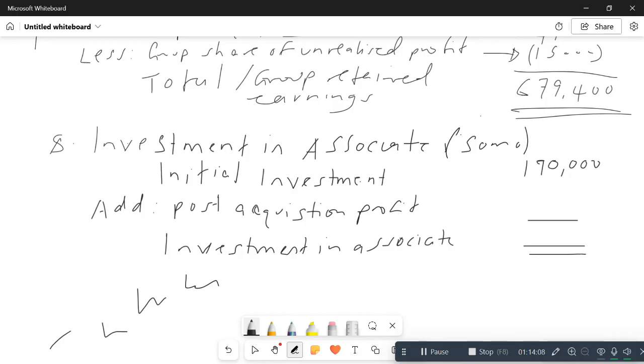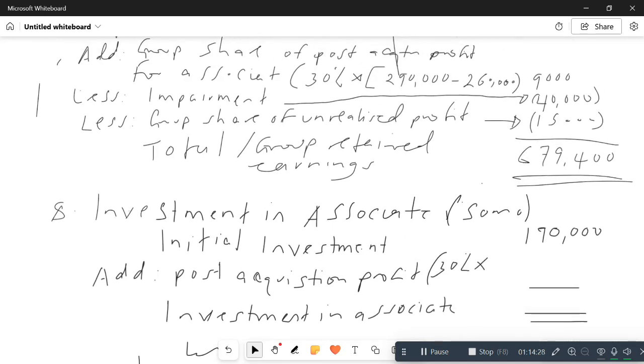Then post-acquisition profit, the share, that is our share in the associate, was only 30%. 30% times post-acquisition profit. We saw it here, post-acquisition profit in associate. You can check it was 30% times 290. This minus this, the post-acquisition profit was 9,000.